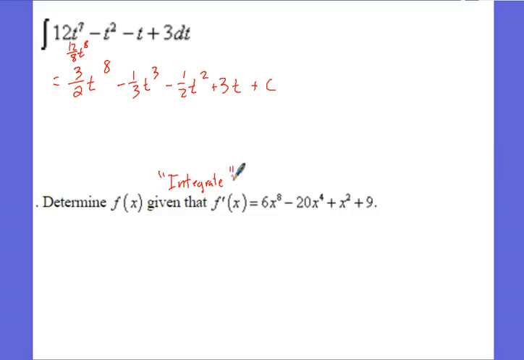Okay? So then if I ask you to integrate this one, how? What would you end up with? What would it be? You said, I heard you, 6 over 9, but of course that would reduce to what? 2/3 x to the 9th power minus 4x to the 5th plus 1/3 x cubed plus 9x plus c.